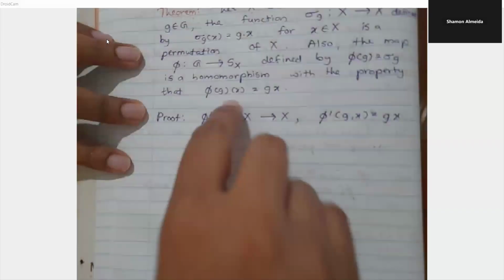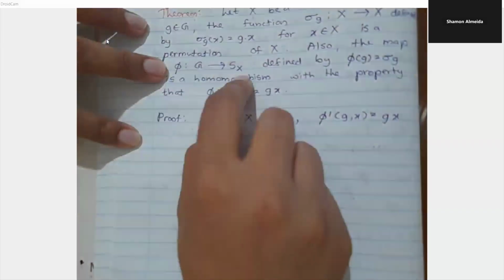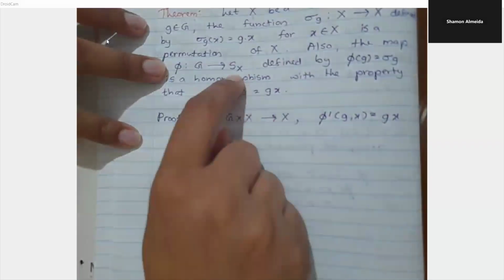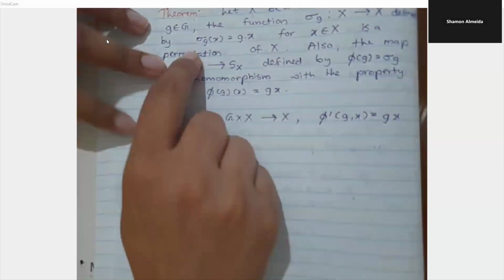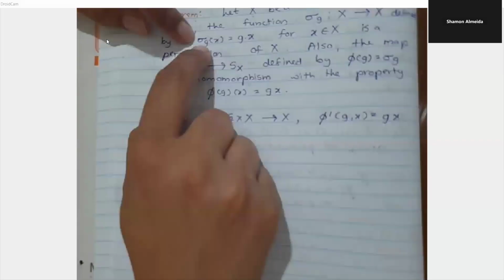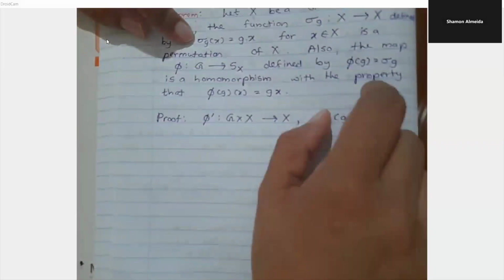Then we have to show that this map phi from G to S_X, the group of permutations of X, is well defined. Once we prove that this sigma g is a permutation of X, this element belongs in S_X.